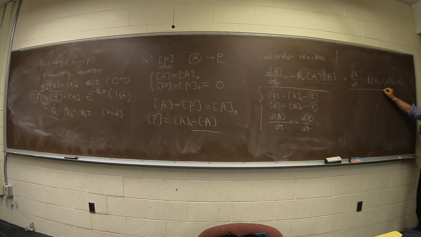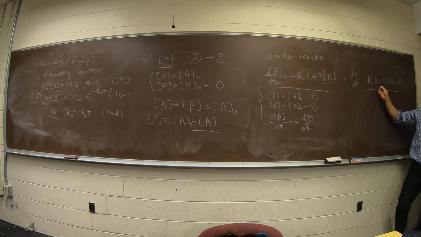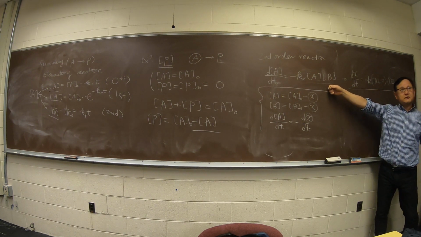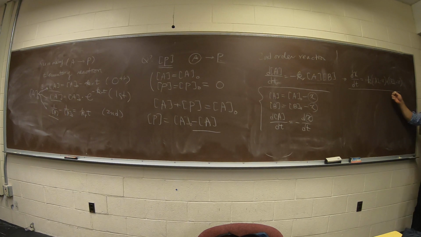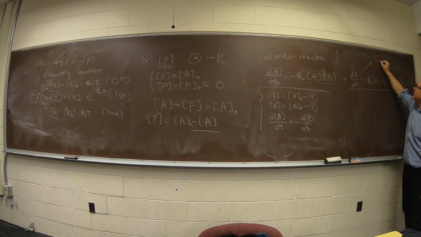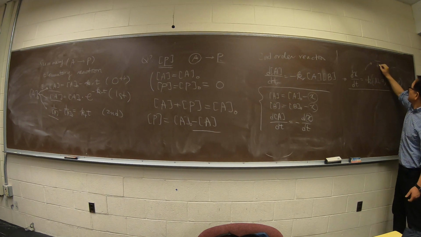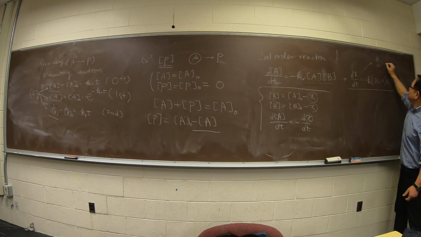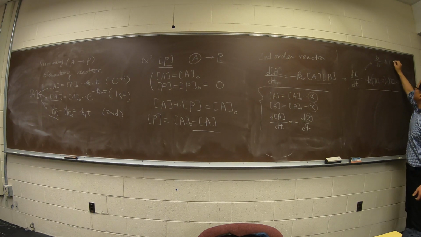Whether or not this looks more complicated on the left hand side, this is a much easier equation to deal with. If I write this equation as dx/dt equals k(A naught minus x)(B naught minus x).